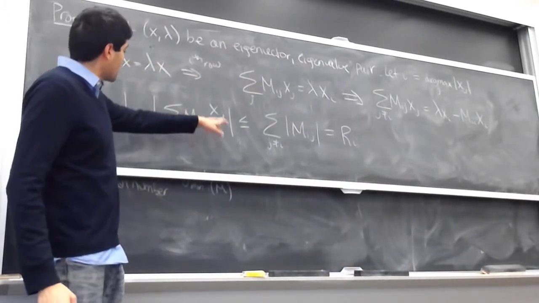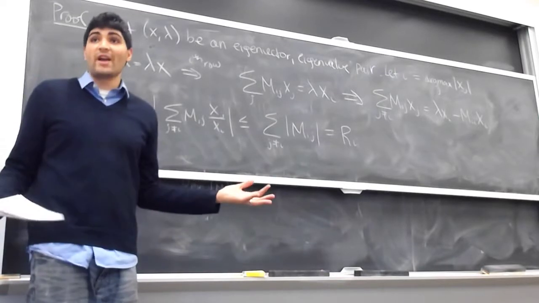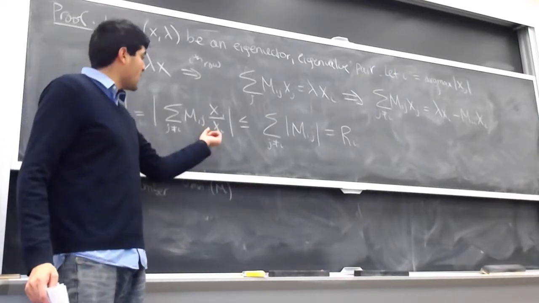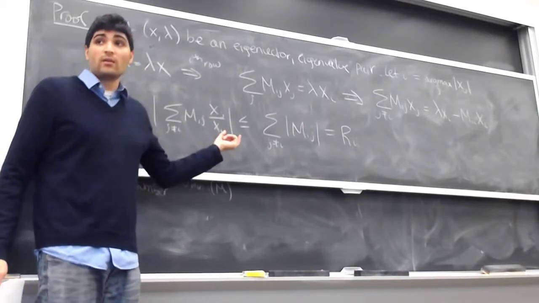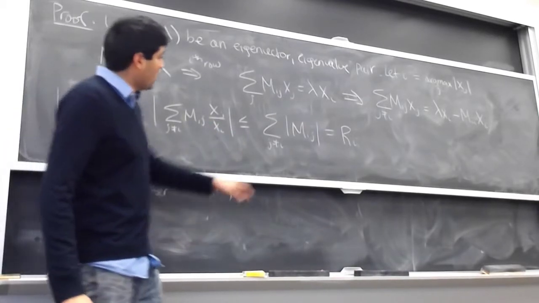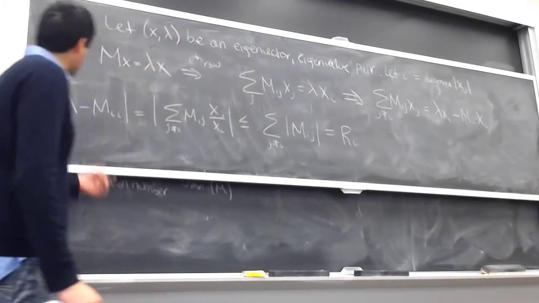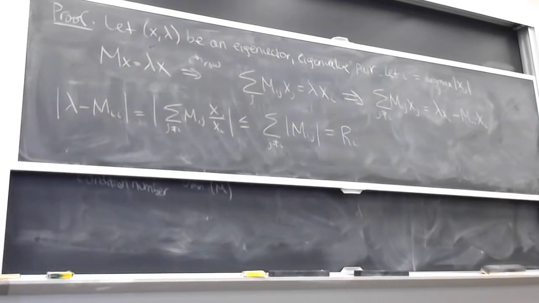So why is this true? Because we chose xi to be the largest magnitude thing. So I could just apply the triangle inequality and then replace each of these ratios with 1, because that's an upper bound for it. And lo and behold, I get this radius. So this tells me that lambda minus mii is in this disk of radius ri.